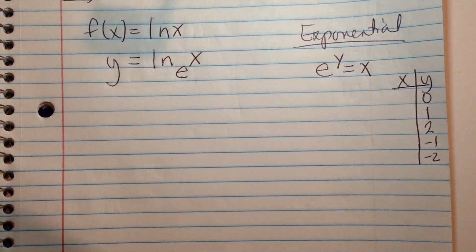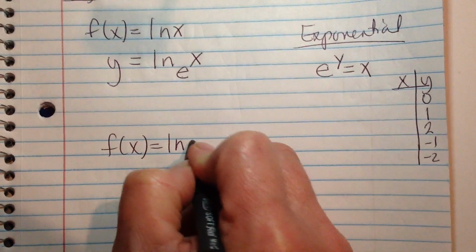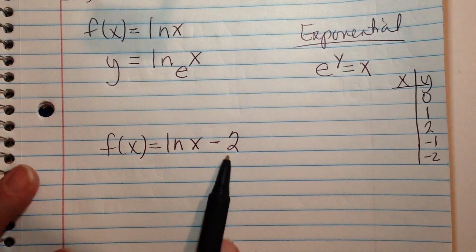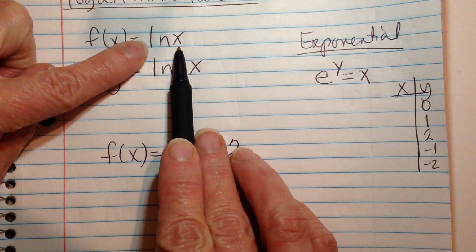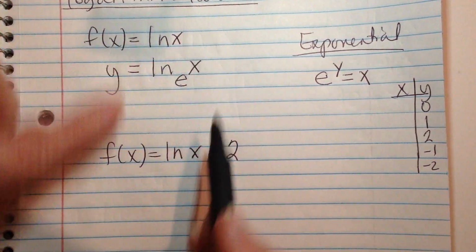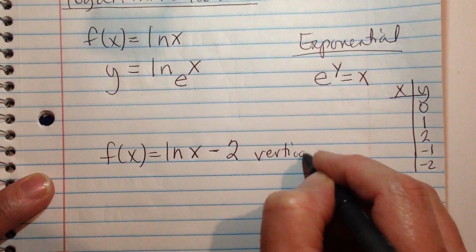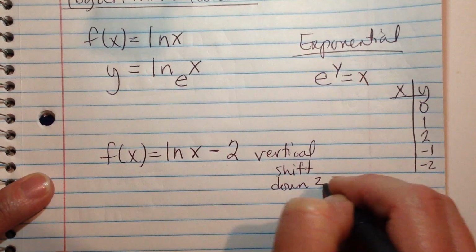Now, you might have something like this: f of x equals ln of x minus 2. Well, to graph this transformation, you would take your original graph and look at the notation. This one's ln of x, this one's ln of x minus 2. Wouldn't this one be a vertical shift down 2?